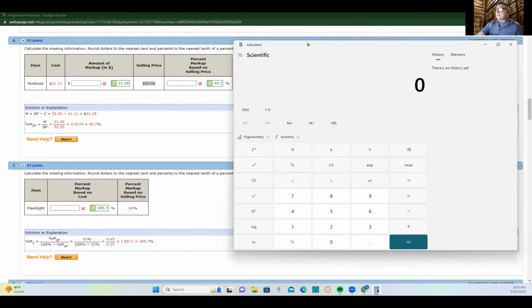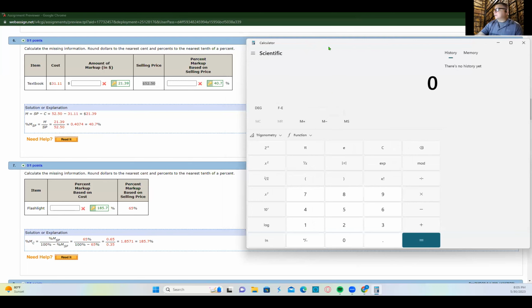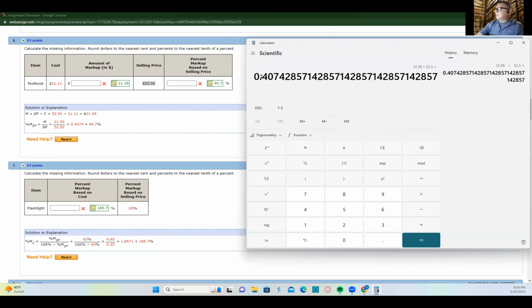So whatever our markup is in dollars, 21.39, divided by our selling price, which is 52.50, gives you this big, long, ugly number, 0.407428571. You move this over 2 places to the right, so it's 40.7428%.